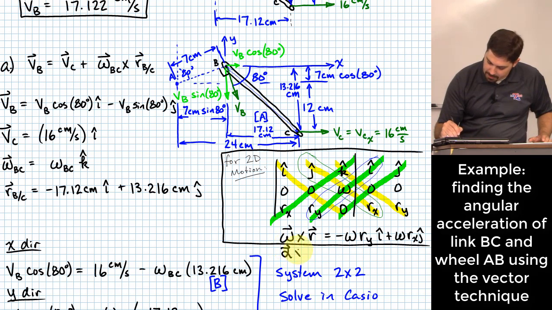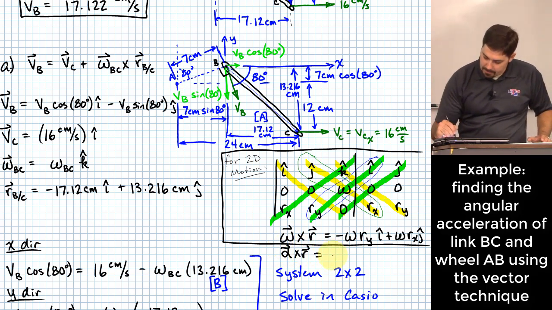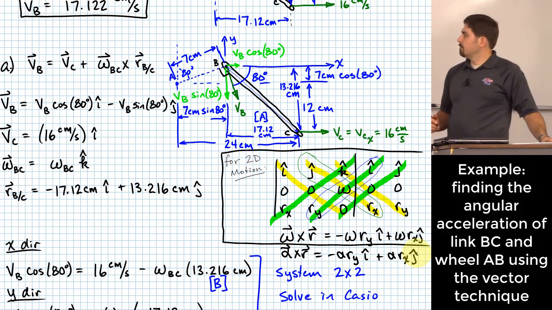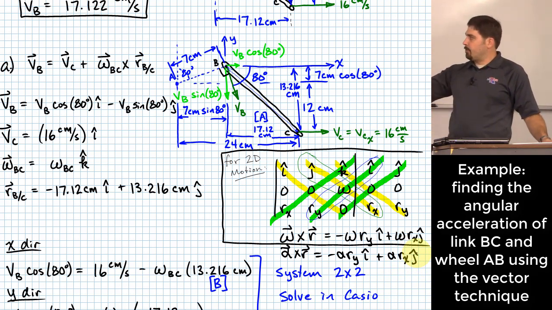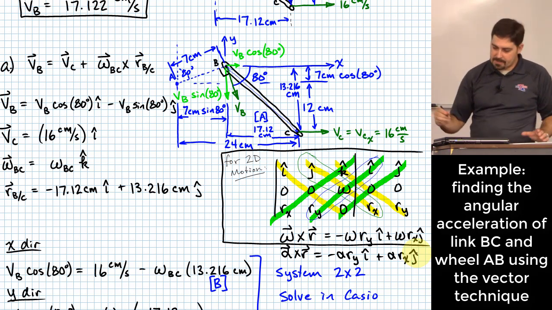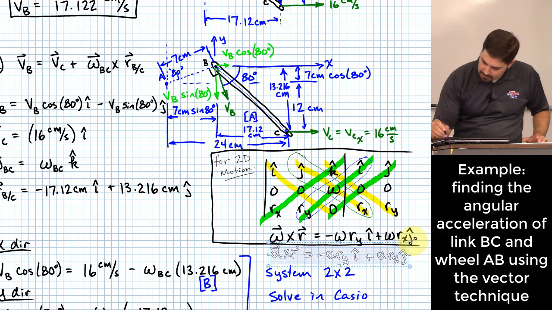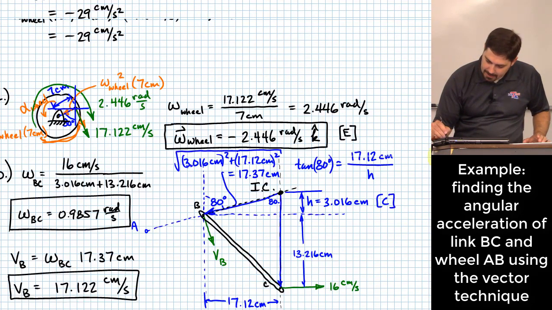So alpha cross R, if you're in 2D, ends up being negative alpha RY I plus alpha RX J. Okay, because you see there, the only thing that would change is that you'd replace omega with alpha, and so the same exact result would come out. So I'm going to copy that and let it guide us up here.